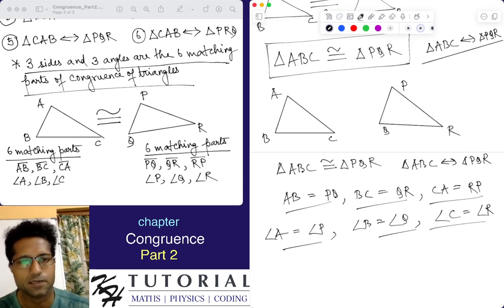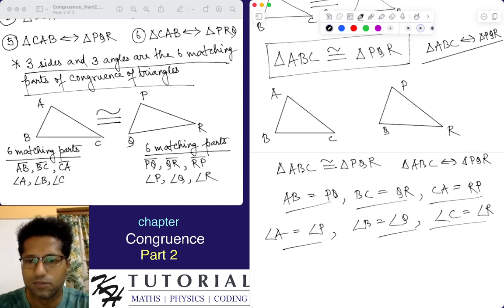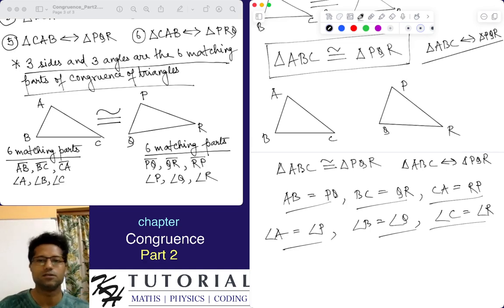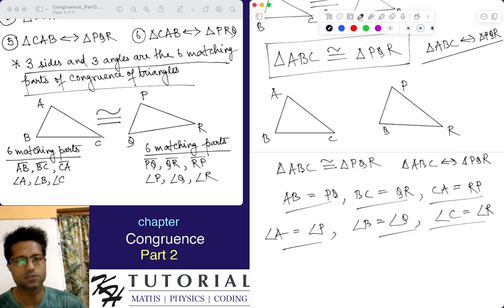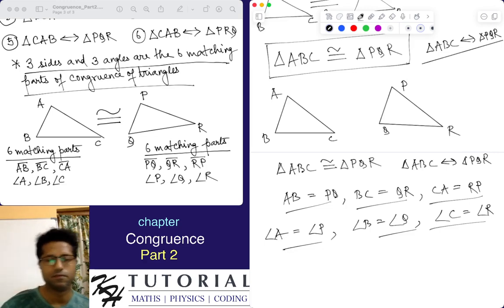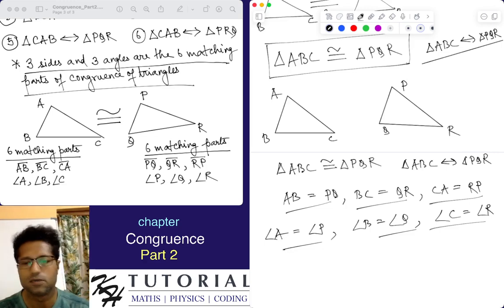So this is precisely what it is saying: the 3 sides and the 3 angles of a triangle are the matching parts which will eventually be used to match with the corresponding sides and angles of the other triangle, to verify the congruency.